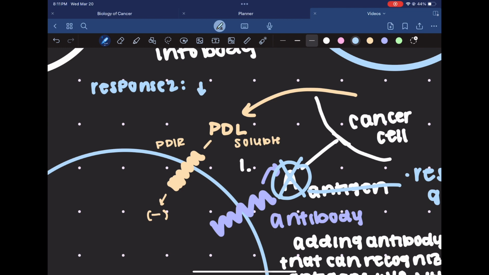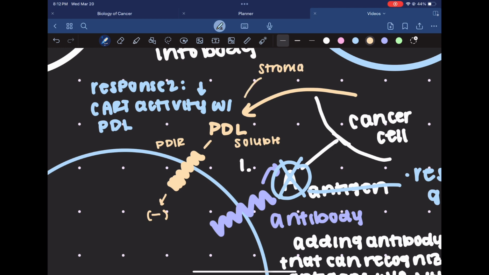Is decreasing CAR T activity with PD ligand. And cancer cells aren't going to be the only ones secreting this PD ligand. Cancer is going to get all of the surrounding cells, which we'll call the stroma.